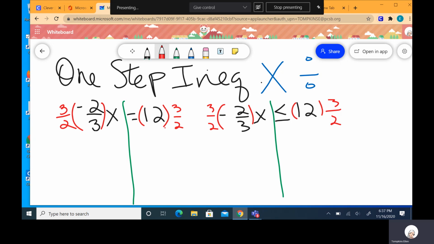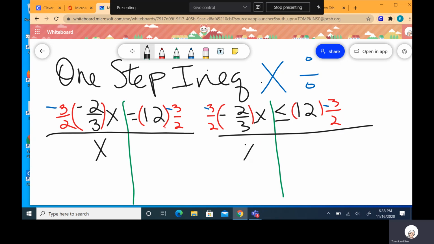Now remember, my x doesn't wear the negative sign, so I have to make sure I bring it with me. Okay, now when this happens, over on this side, -3 times -2 gives me +6, 6 over 6 gives me 1x by itself. And the same thing happens over here.